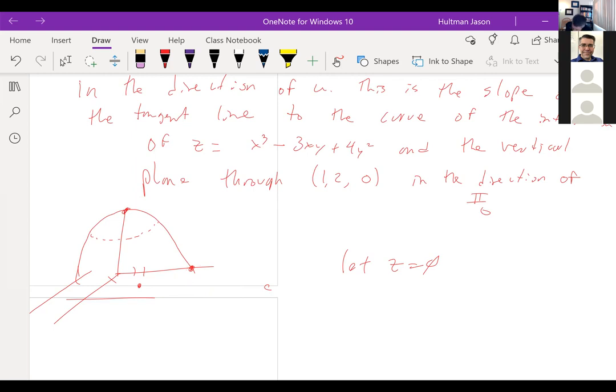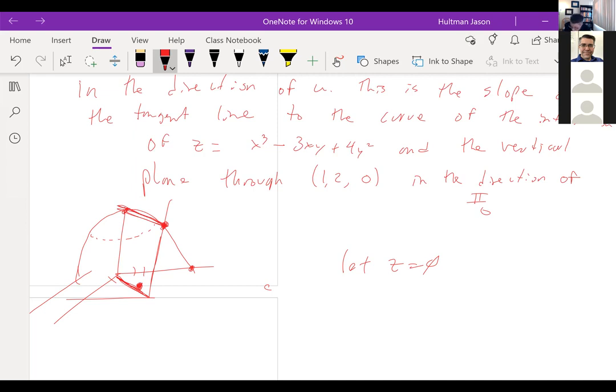Okay, so it's the vertical plane through this point in the direction of pi over 6. So it's this vertical plane here. And where the plane and the curve intersect, that's where we're taking our derivative. That's kind of interesting.